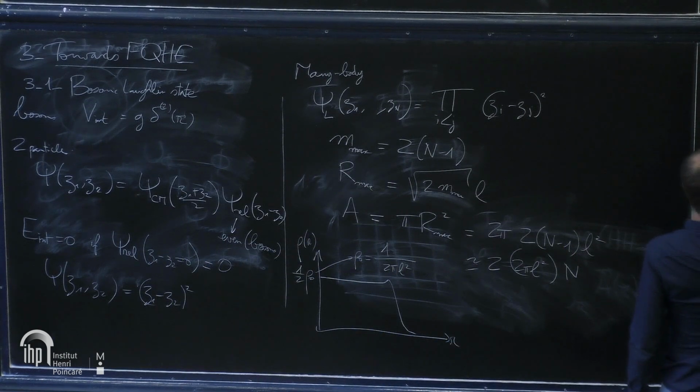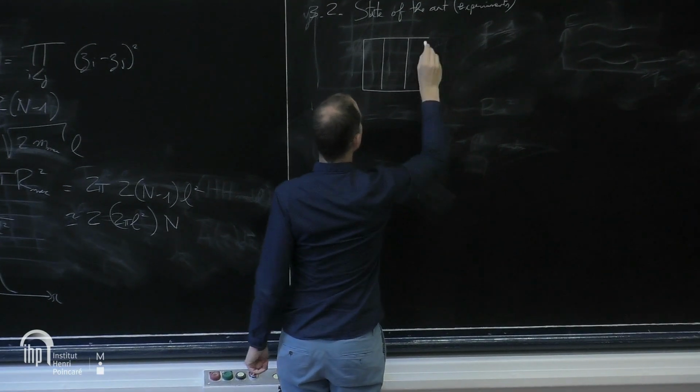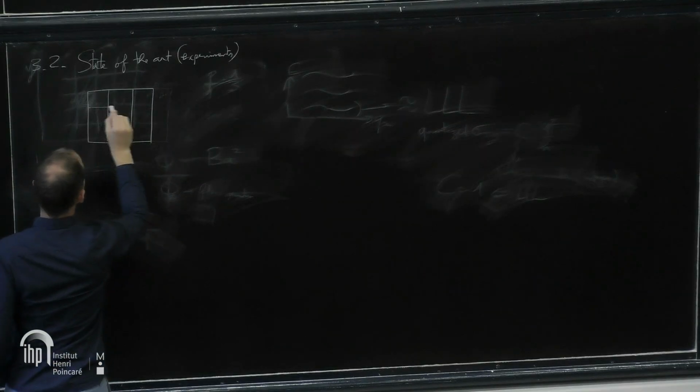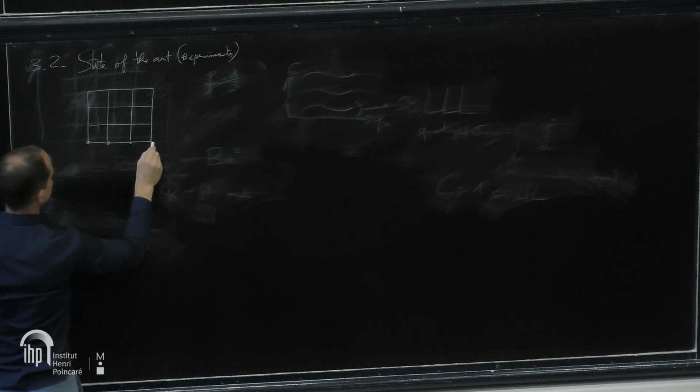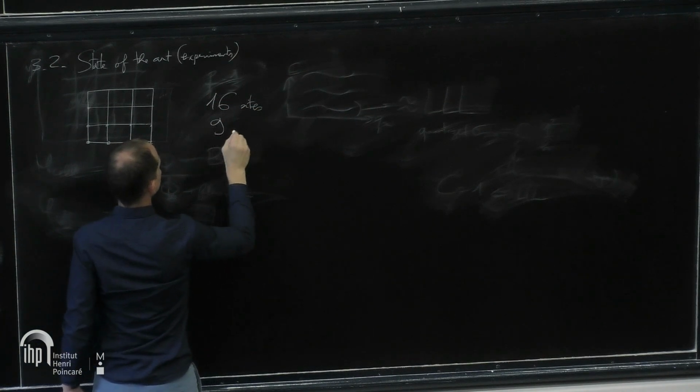It was in a lattice that was simulating the Harper-Hofstadter model. It was a 4x4 lattice, bounded by walls made by lasers. So 16 sites, 9 unit cells.